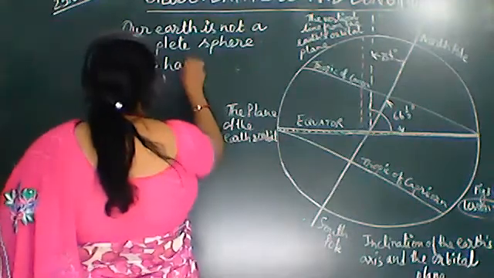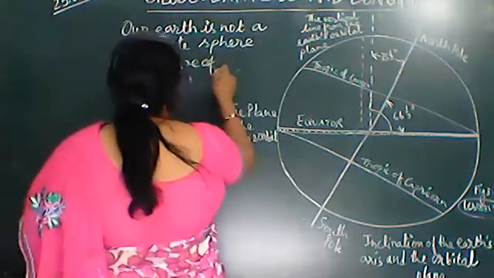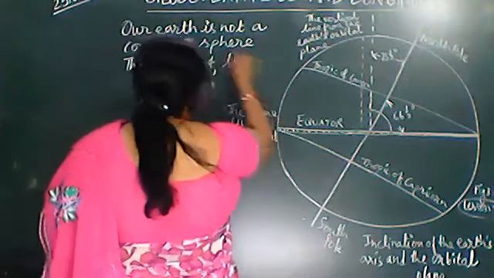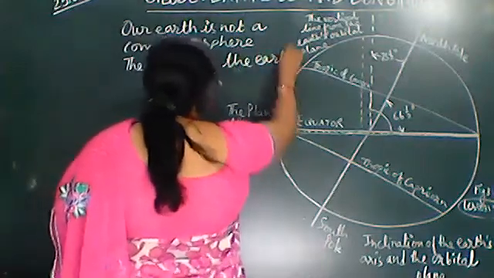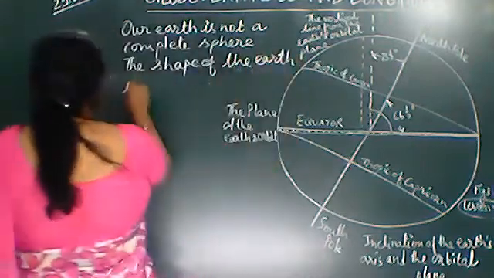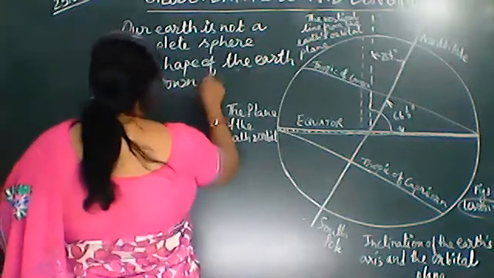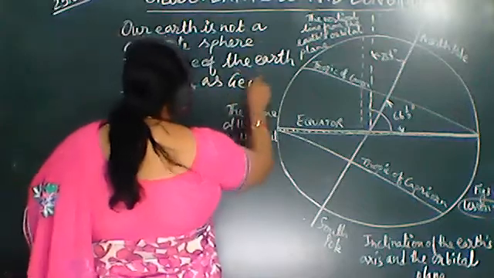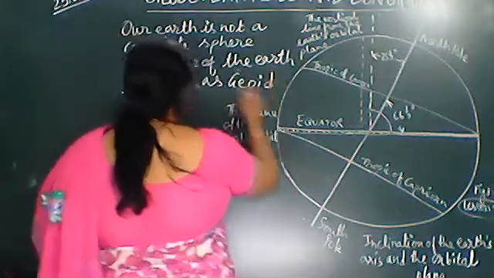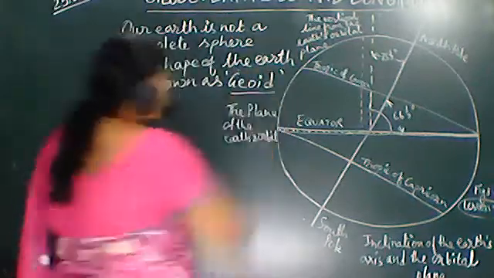The shape of the Earth is known as geoid. We can call the shape of the Earth a geoid.